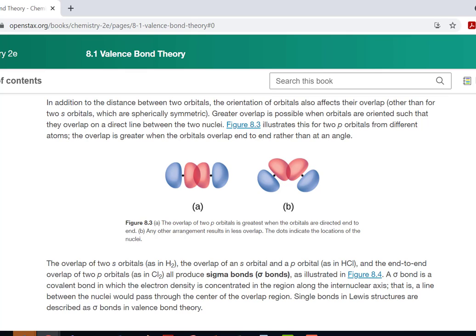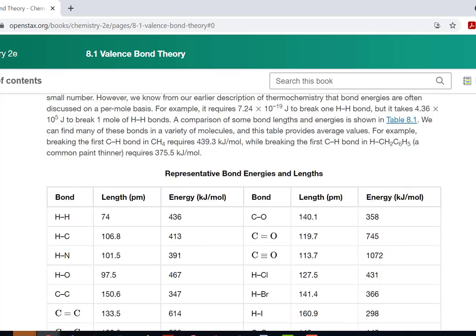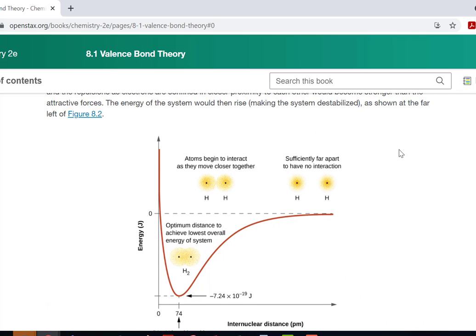One other thing we do need to talk about, and this will actually lead into the next theory as well, is the way in which the orbitals overlap. Based on their shape, what ways do they align together? In our first example, we're assuming s orbitals, so we have two spheres overlapping.